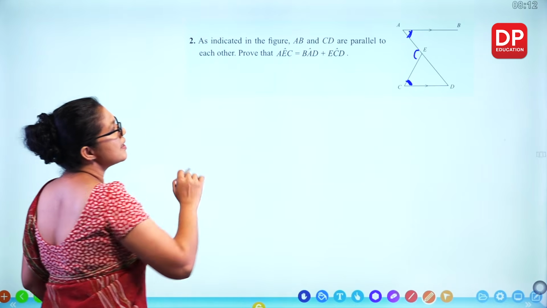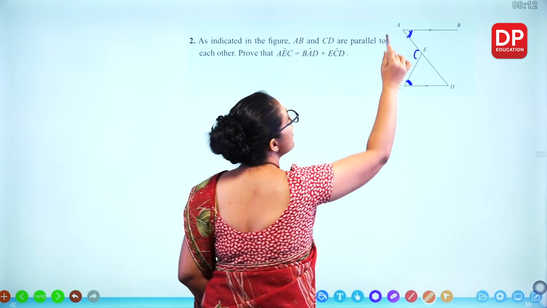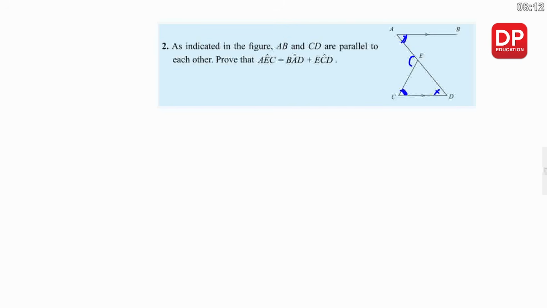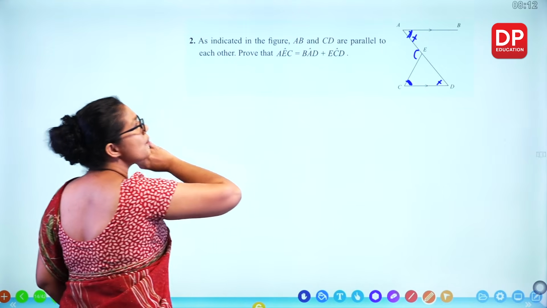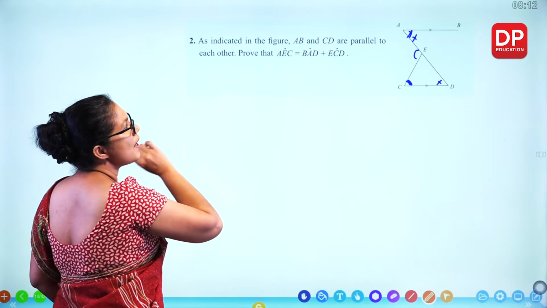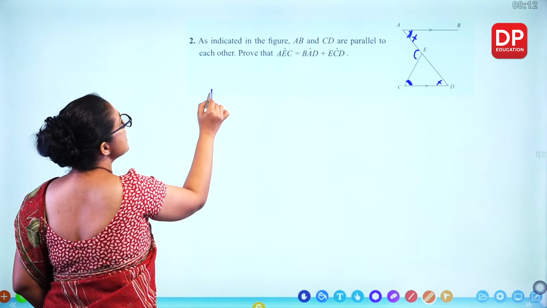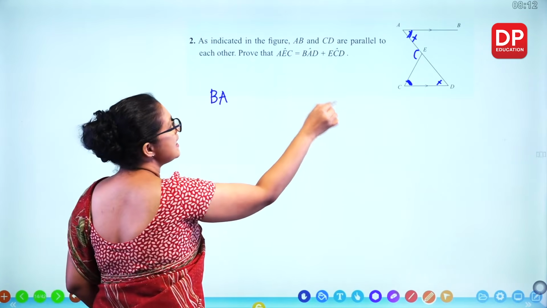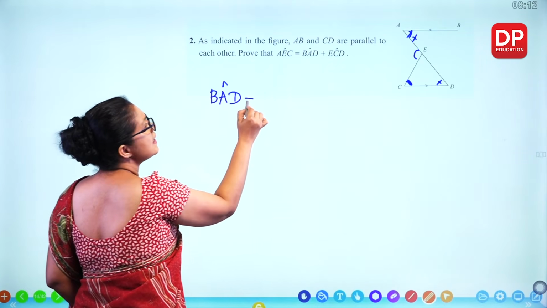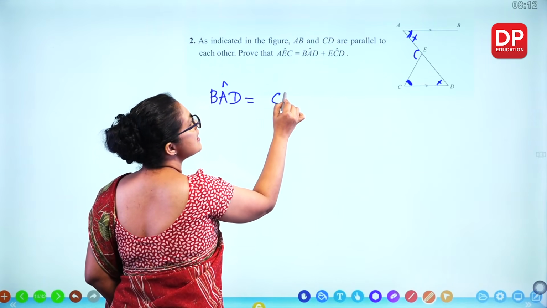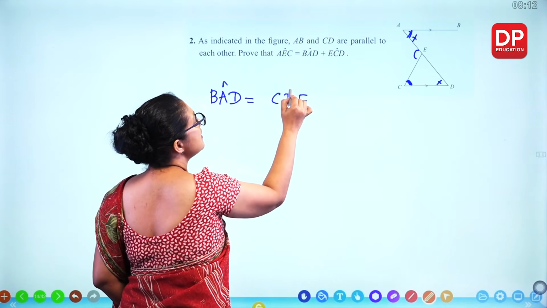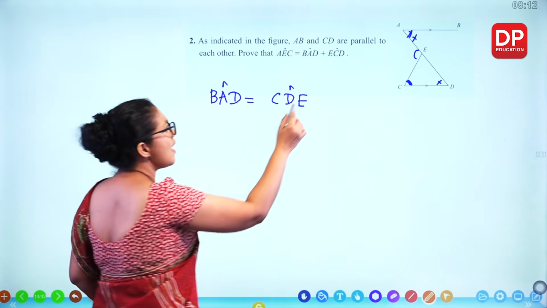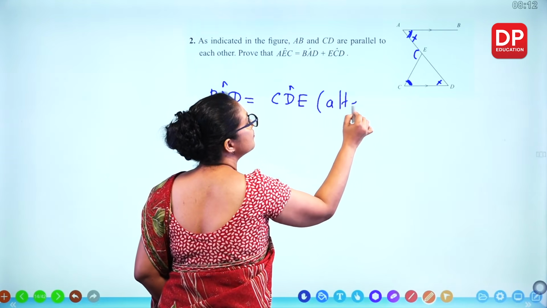So we'll first look at this one, and what can we write about this angle and this angle? We can say according to this one, BAD angle is equal to CDE angle. What's the reason? If the two lines are parallel, those are alternate angles.